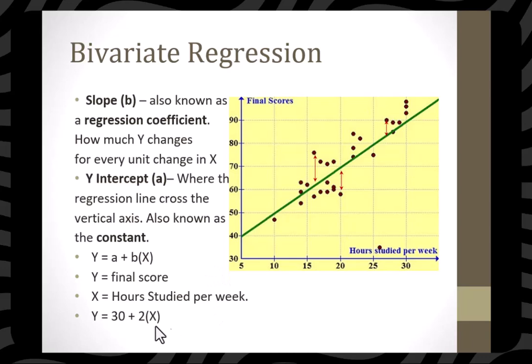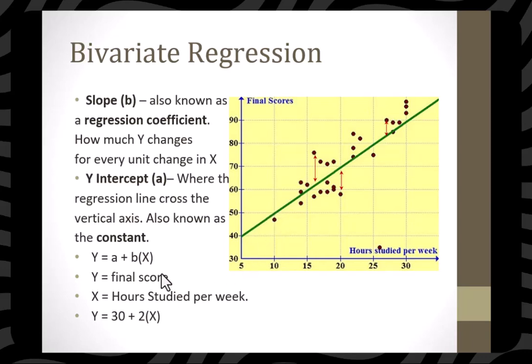And what we get is a formula that says y equals 30 plus 2 times x. We get the 2 because when we go from 5 to 10 hours studied, the score increases by 10. So for a 5 unit change in hours studied, scores go up by 10.